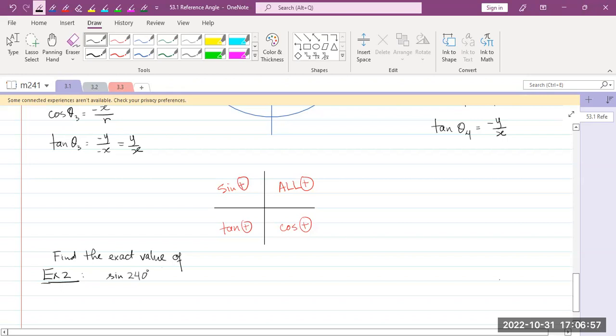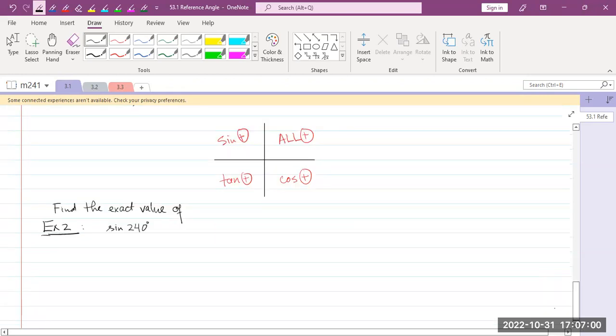Now, the way we think will be as the following. You need to first find out which quadrant 240 is in. Remember the borderlines of quadrants are 0 degrees, 90 degrees, 180 degrees, 270 degrees, right? So 240 is in quadrant 3.